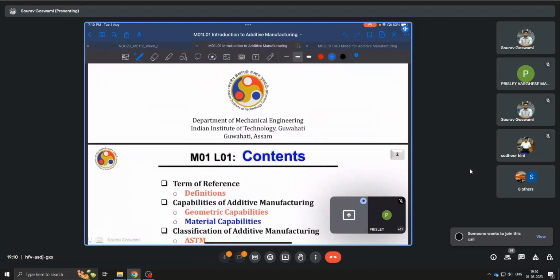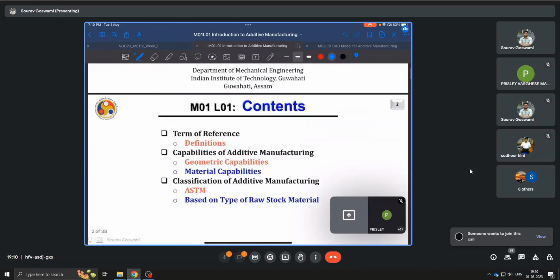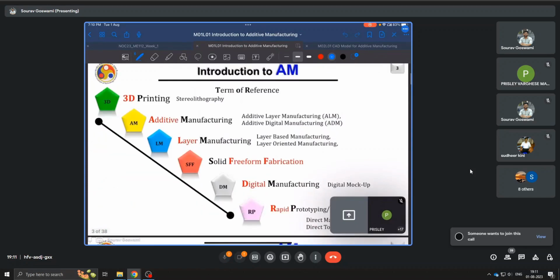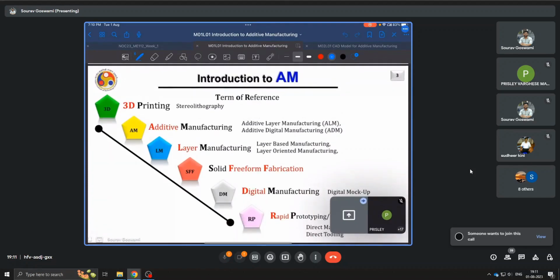So for recapitulation, I'll refer to Professor Kapil's slides. You must have already gone through them. The first lecture was, of course, an introduction to additive manufacturing. We looked at a few of the common terms which are actually used to refer to this process. Among them were 3D printing and stereolithography. Additive manufacturing, of course, the most commonly accepted.